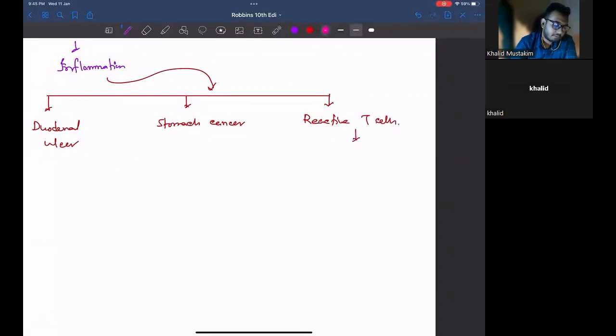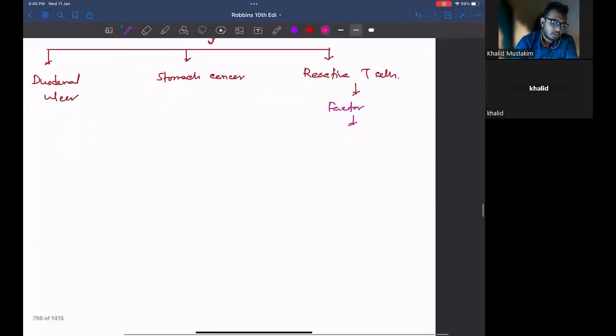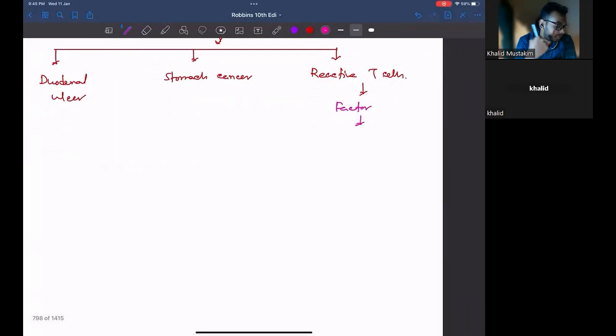And these reactive T cells secrete some factors. What do they do? These factors ultimately cause proliferation of polyclonal B cells.